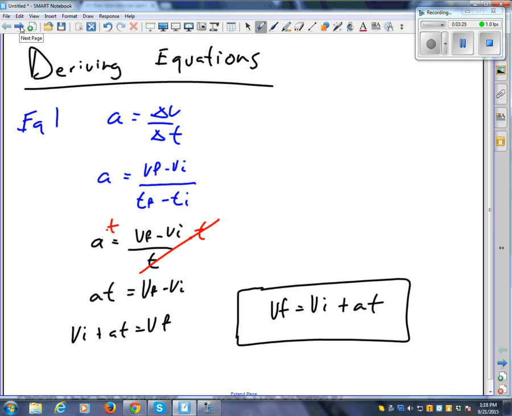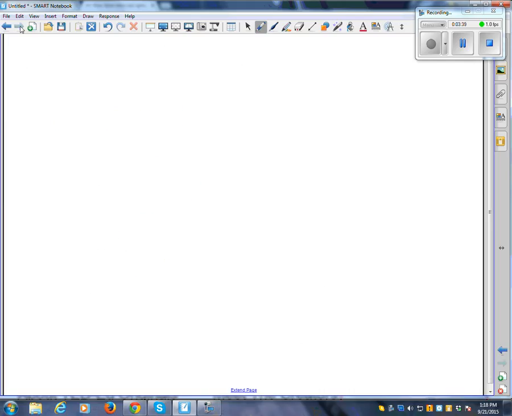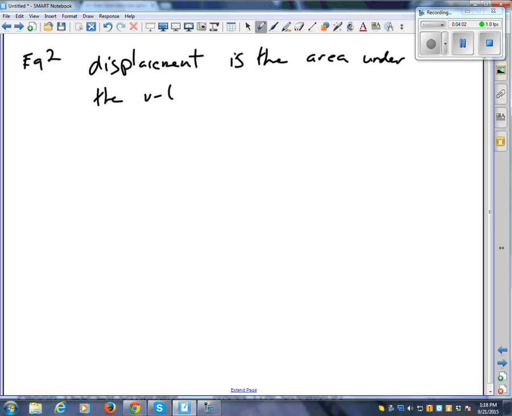All good? Okay. Equation number 2 is a considerable step up. I like to call the second one equation number 2. Well, you know. And I'm going to also remind you that displacement is the area under the VT graph.